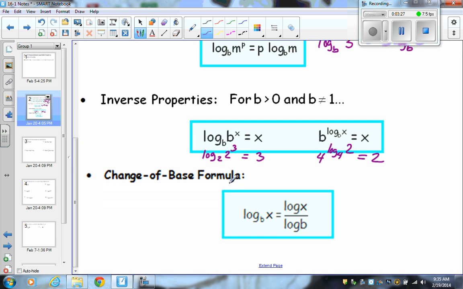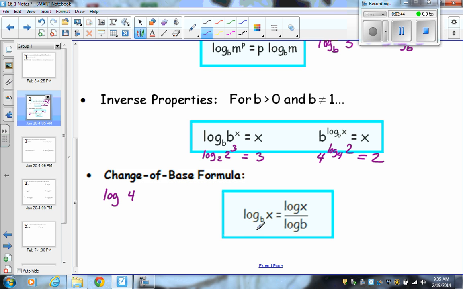Our change of base formula comes in handy when we're not looking at the log of base 10, because remember that if it's a log base 10, then all we see is the log, say like log of 4. We know that that is log base 10 of 4.